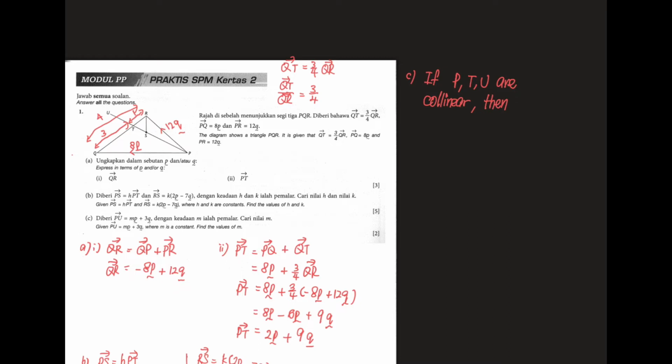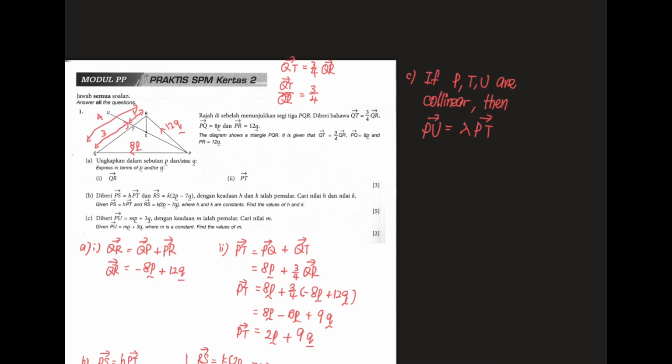We can use PU equal to a constant, let's say lambda, PT. So we can set up a constant and interrelate two vectors that involve PTU. So I choose PU and PT. PU is given, PT is found previously, so that's why I choose these two vectors.